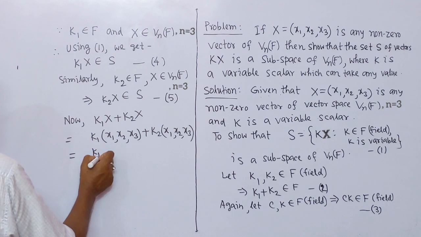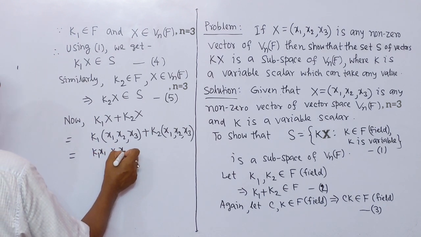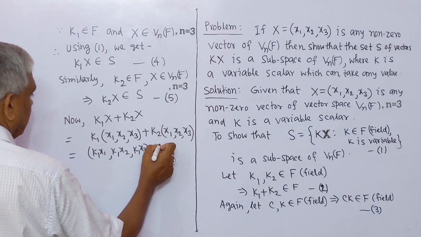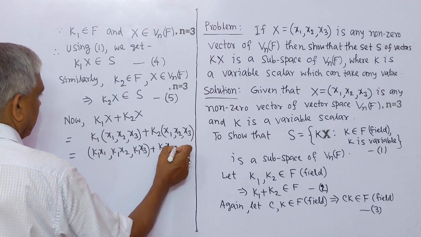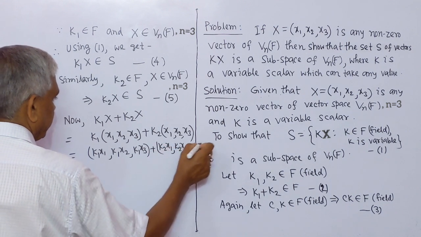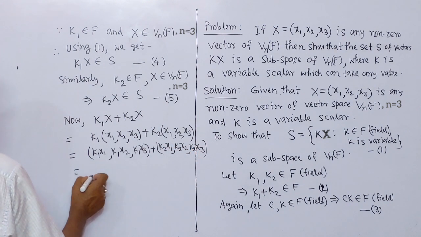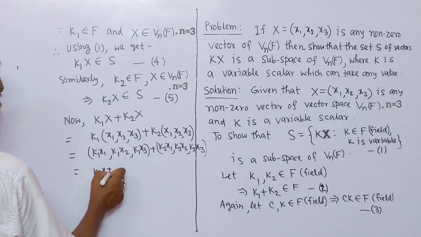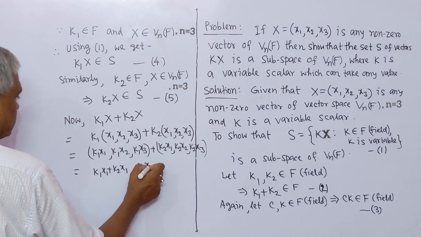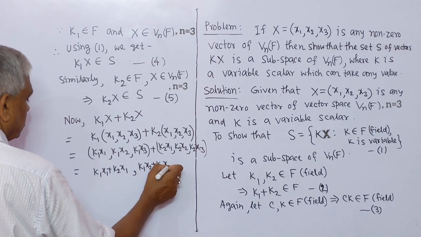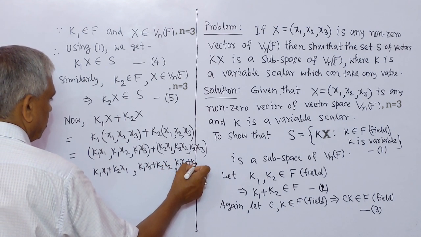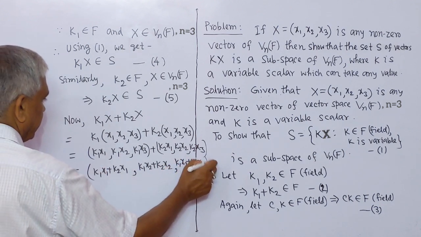This is equal to K1 X1, K1 X2, K1 X3 order triplet plus K2 X1, K2 X2, K2 X3 order triplet, and addition will be K1 X1 plus K2 X1 comma K1 X2 plus K2 X2 comma K1 X3 plus K2 X3 order triplet.